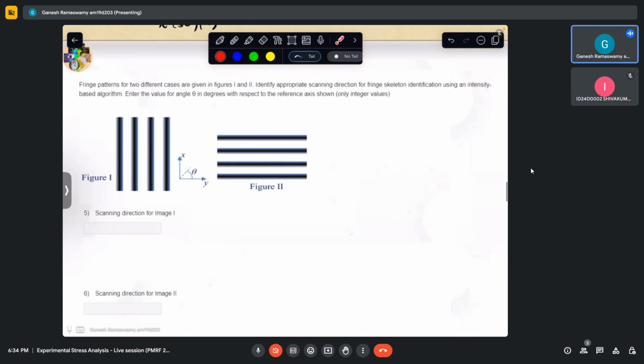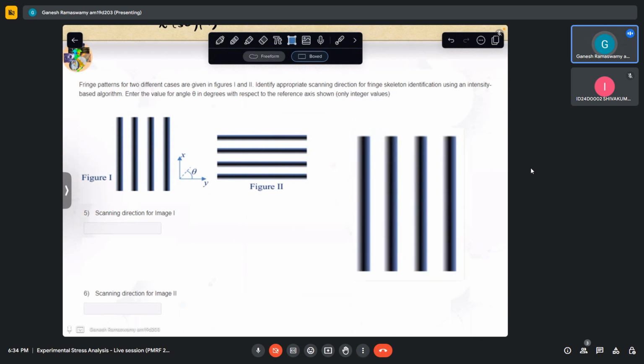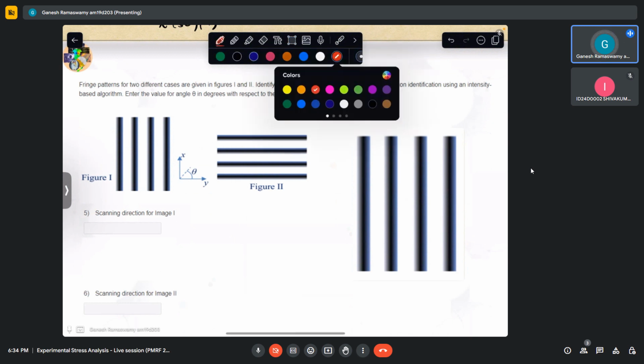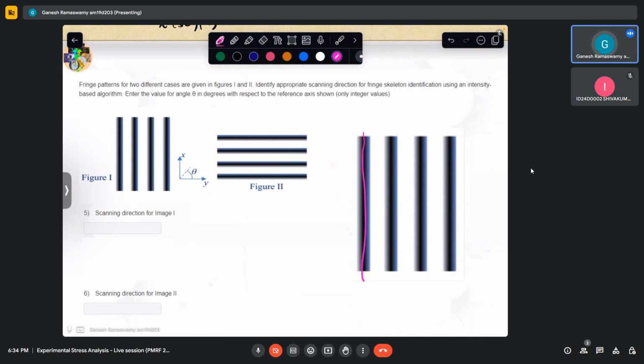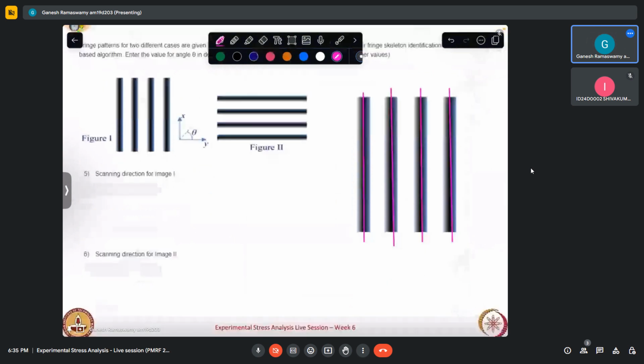So let us look at this fringe pattern. Basically what we have here in figure 1 is these fringes. We are able to see that these are vertical. Hence the fringe skeleton, which is nothing but the center of the fringe, is as follows. If I were to draw a line like that, this basically represents the center of that fringe, the skeleton of that fringe. So what will an intensity based algorithm do? Let us say that I take a section like this.